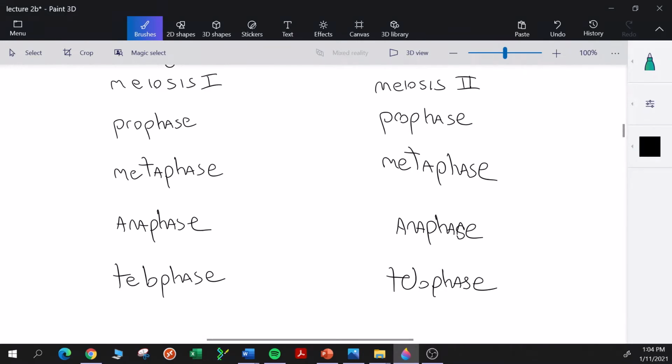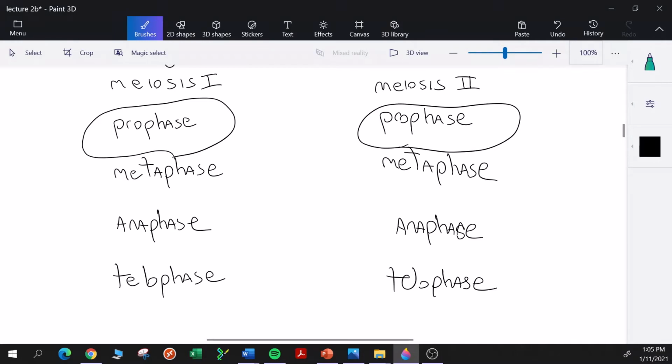So there's no prometaphase because most geneticists just like to group all of the things that you would typically associate with prometaphase in mitosis with prophase. All of those steps, we're just going to say that they happen during prophase.